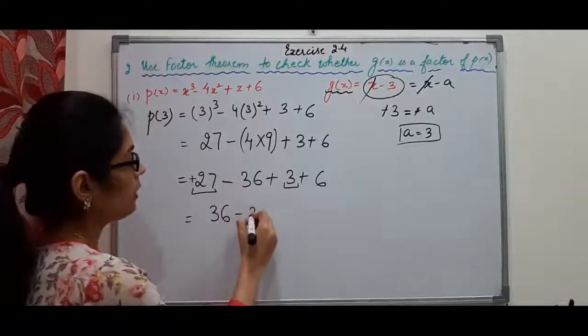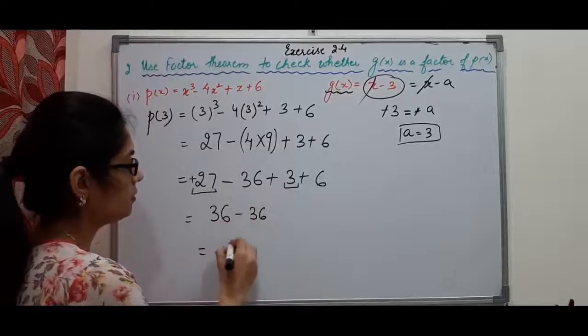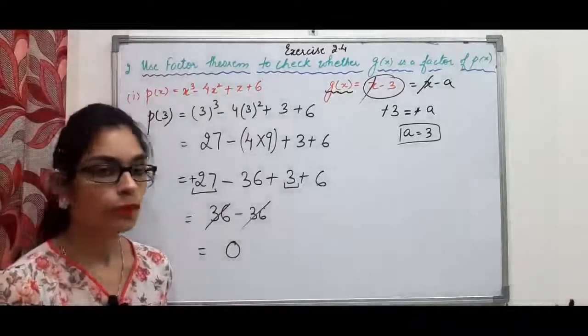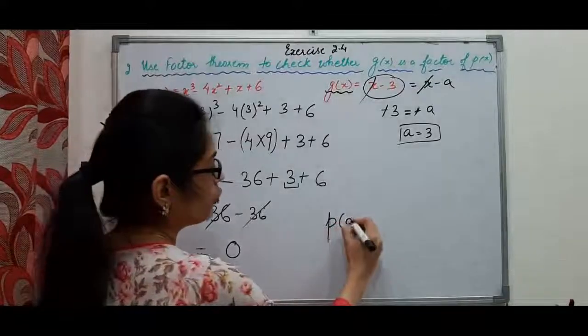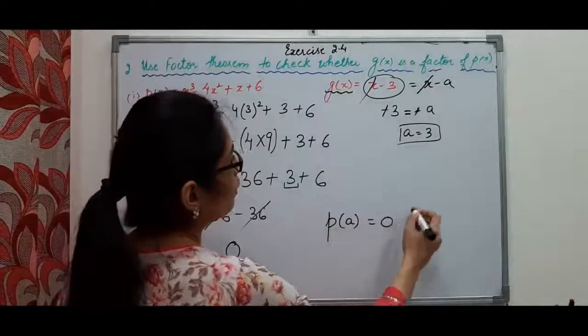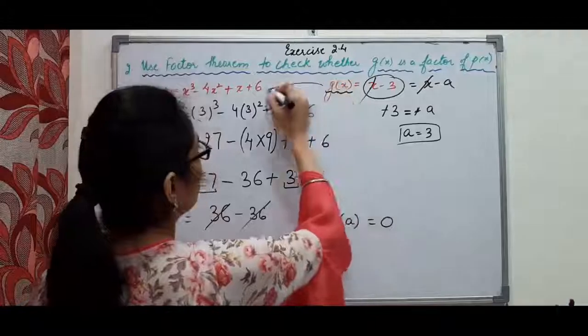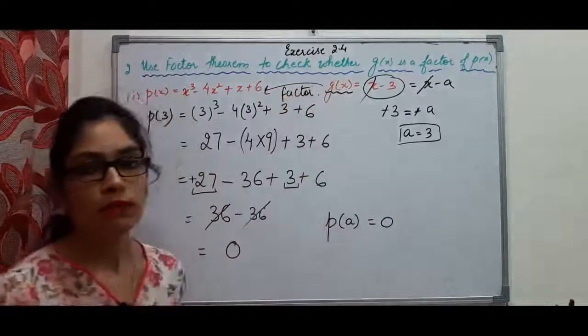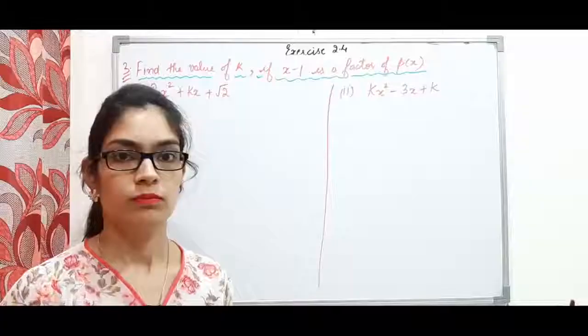So 36 minus 36 will be 0. So we have got our P(a) equals 0, which means this x minus 3 is a factor of the given polynomial. Now let's do the next question.